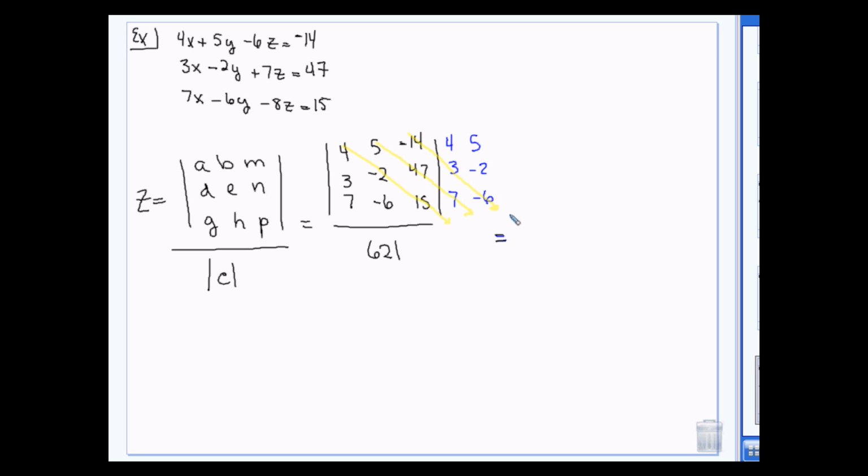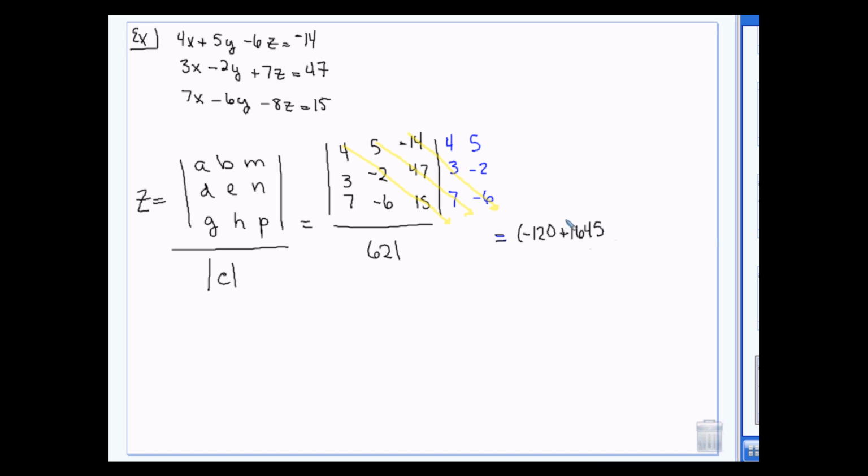So 4 times 2 times 15 is going to be negative 120. 5 times 47 times 7 is 1645.